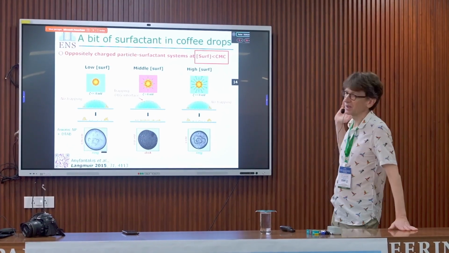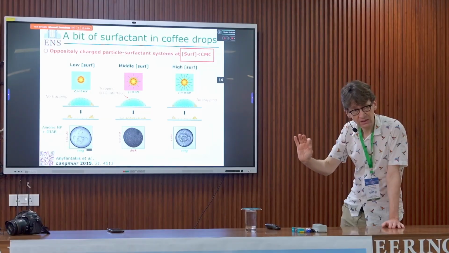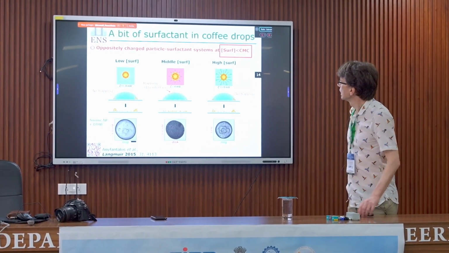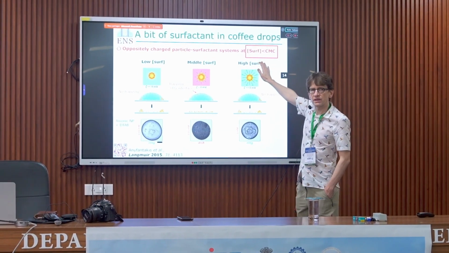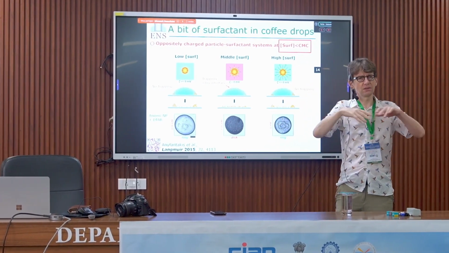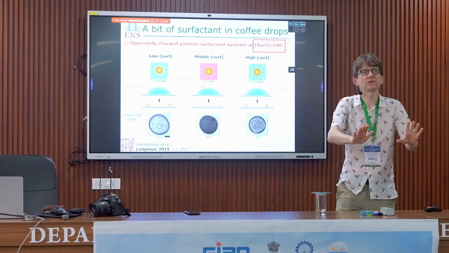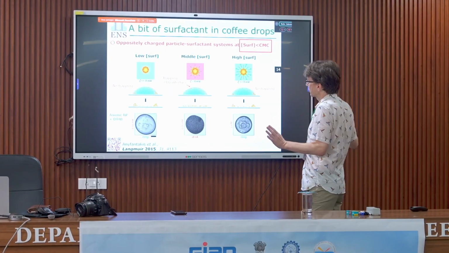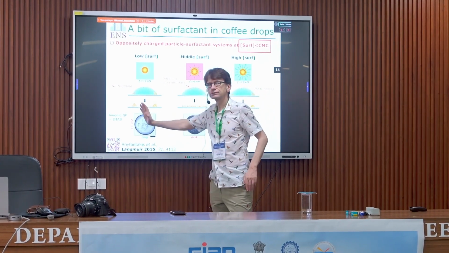So it is this very simple experiment where you just take particles and a surfactant of opposite charge, something extremely simple in terms of experiment. And we are working below the CMC, the critical micelle concentration, because here we really want to deal with interactions. We don't want to generate strong micelles and so on. So we put some small amount of surfactant, nothing large. And we found this: at low surfactant concentration, you have the coffee-ring effect.